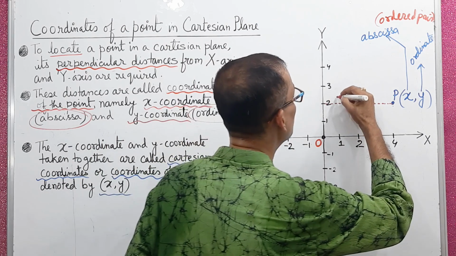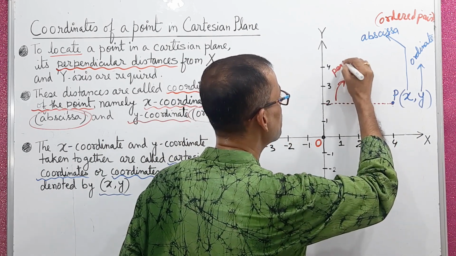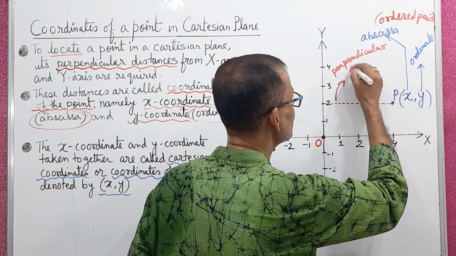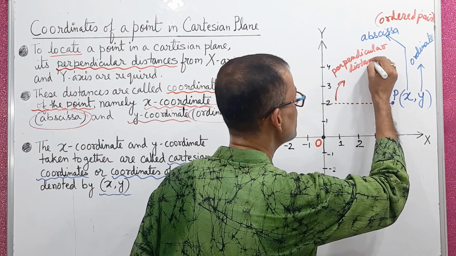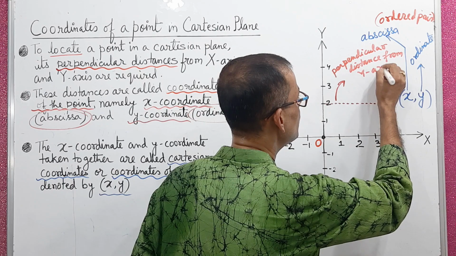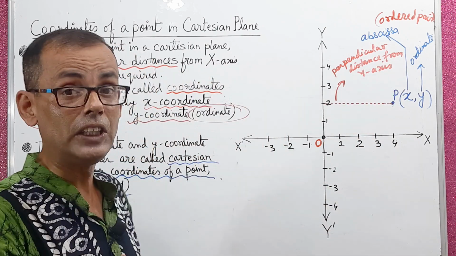Let me write: to find out the x coordinate, we have to take the perpendicular distance from the y-axis. Clear? And how will we measure it?